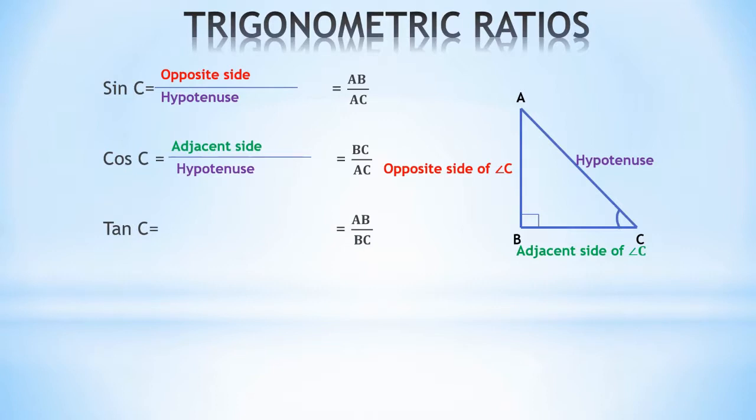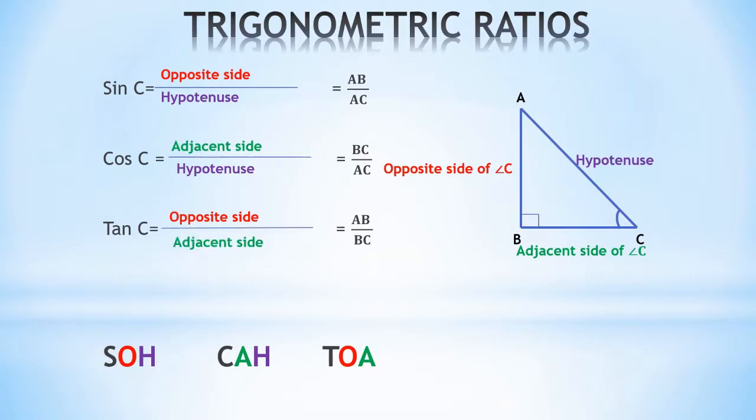Tan C is AB upon BC. AB is nothing but the opposite side and BC is nothing but the adjacent side. So the ratio of tan is opposite upon adjacent.